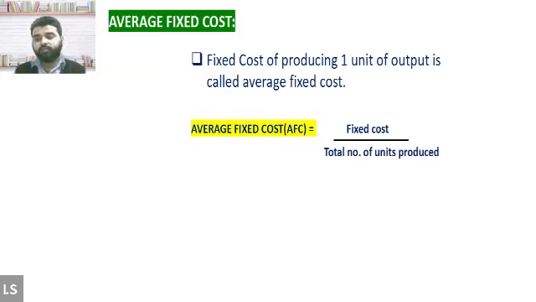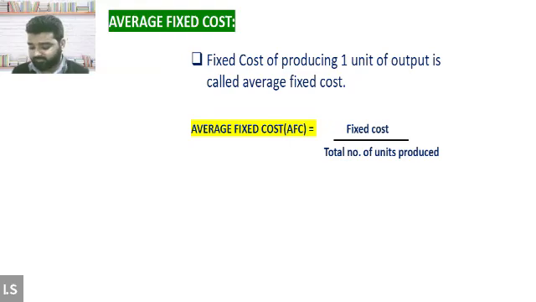Fixed cost remains constant throughout the production, right? Either you increase the production or you decrease the production, there will be no impact on the value of fixed cost. Fixed cost is going to be constant. But when we talk about average fixed cost, as we produce more quantity, average fixed cost will keep on declining.